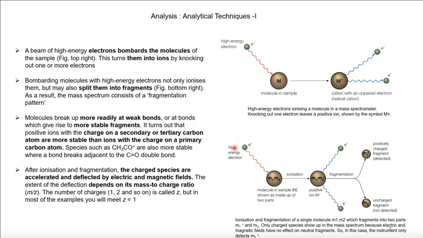Okay, here we have a schematic diagram of the molecules M1, M2 in a mixture, and then you see that we bombard it with high-speed electrons and then ionize it.